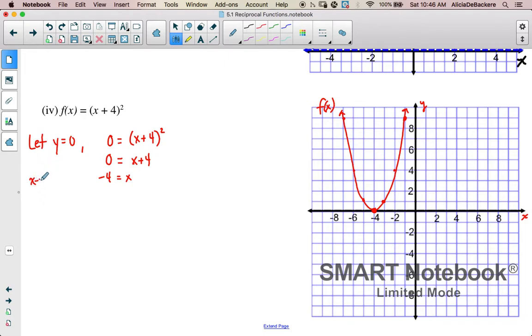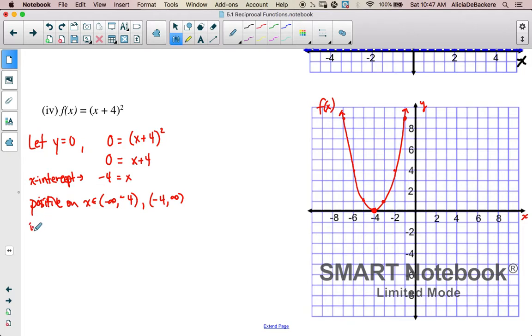This is our x-intercept. I'm just going to label it. So where are we positive? We are positive on the entire domain except for at x is -4. That's not positive or negative. So we're positive from -infinity to -4, and then again from -4 to positive infinity. And we are negative nowhere.